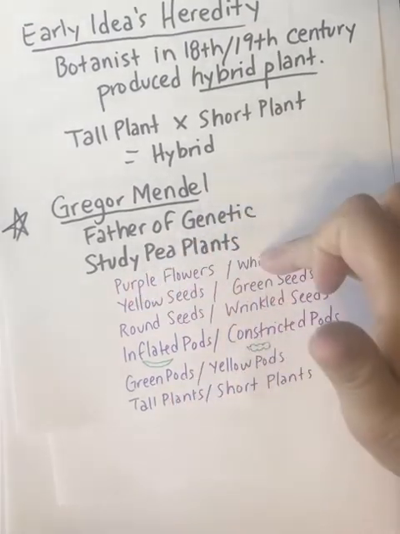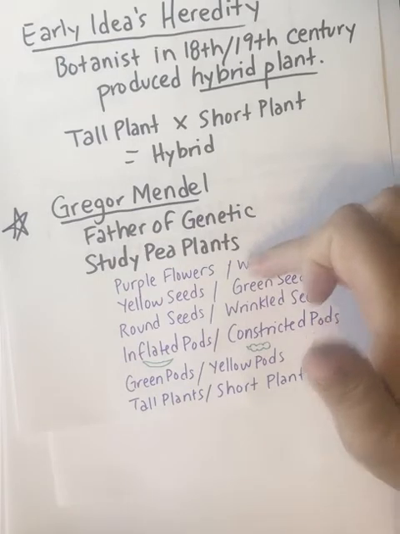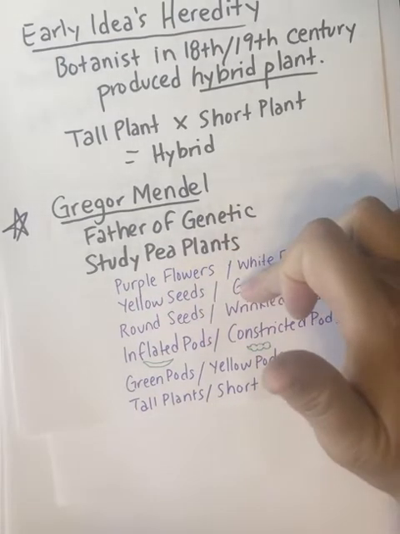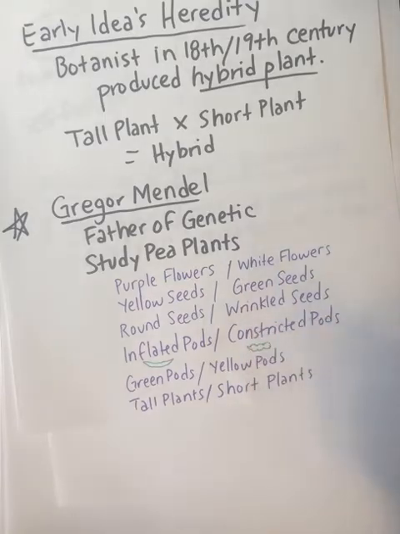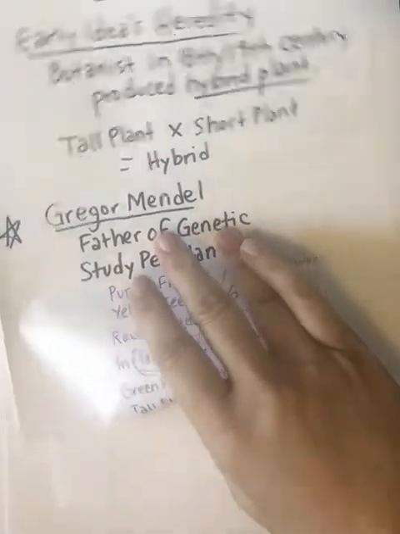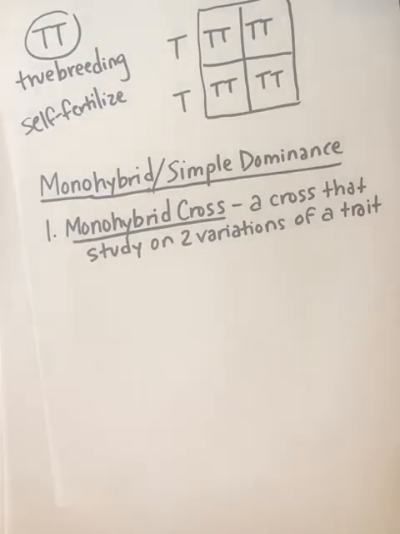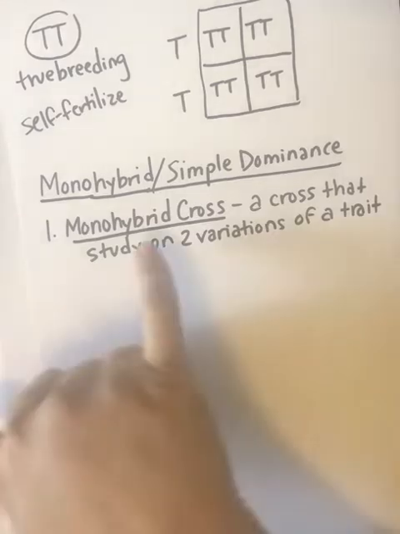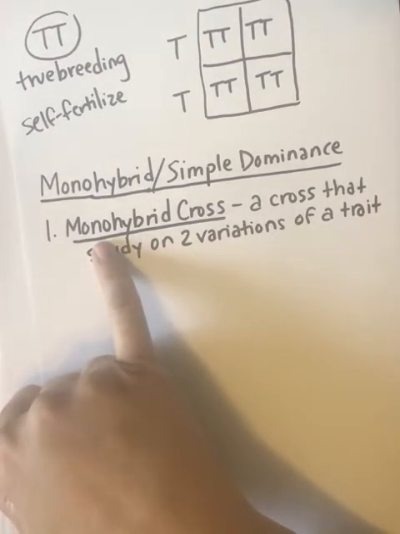That's one characteristic, the color of flowers. Seed color is one characteristic. So he's only looking at one thing when we talk about the monohybrid cross. Now, because peas can have purple flowers and round seeds, if you did a cross that involved two things, that would be a dihybrid cross, but we're using a monohybrid cross.